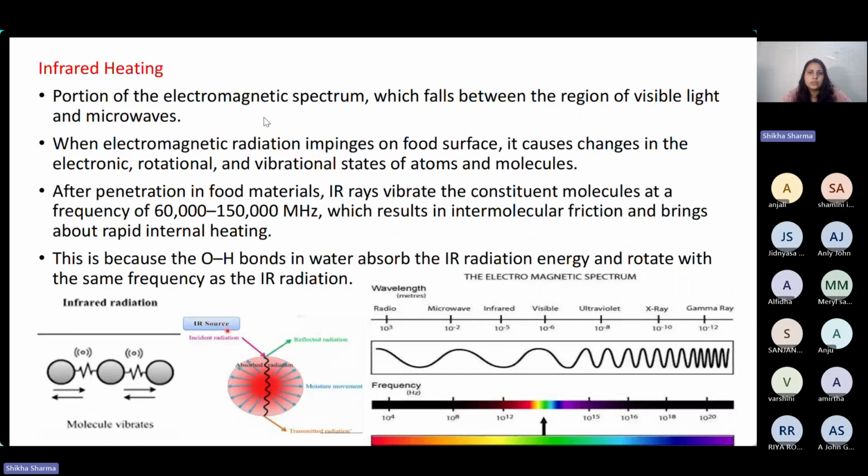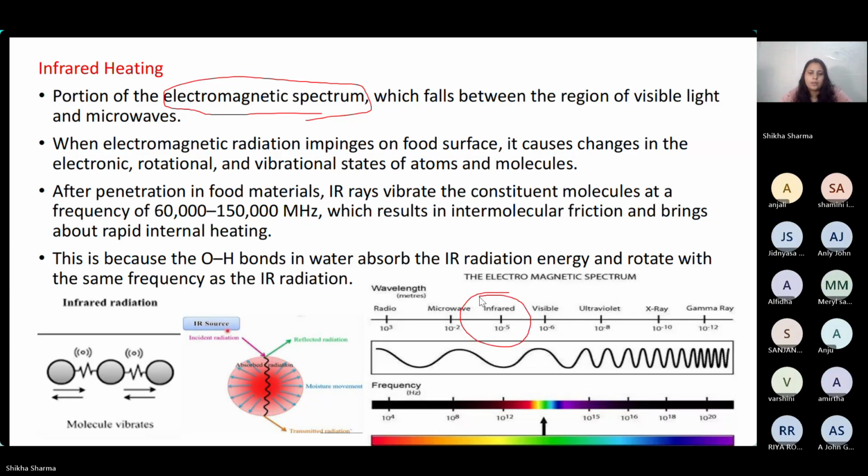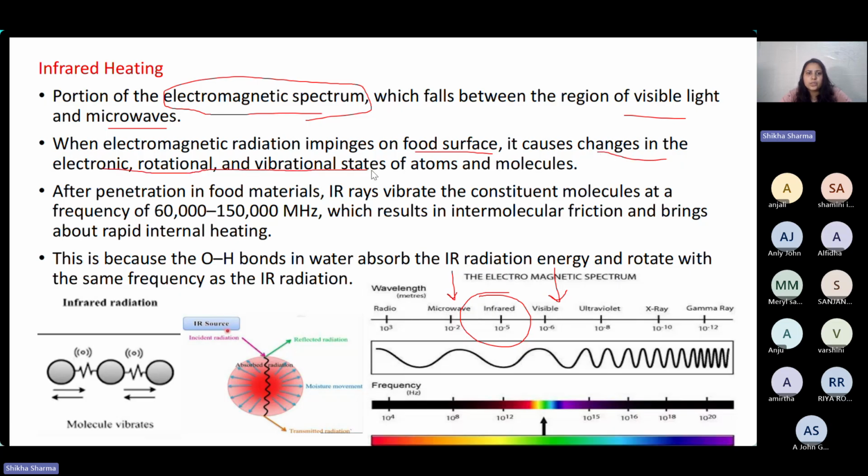Infrared heating: infrared is the portion of the electromagnetic spectrum which is here, if we see, which falls between the region of visible and microwave. When electromagnetic radiation comes and interacts with the food, it causes changes in the electronic, rotational, and vibrational state of the atoms and the molecules.